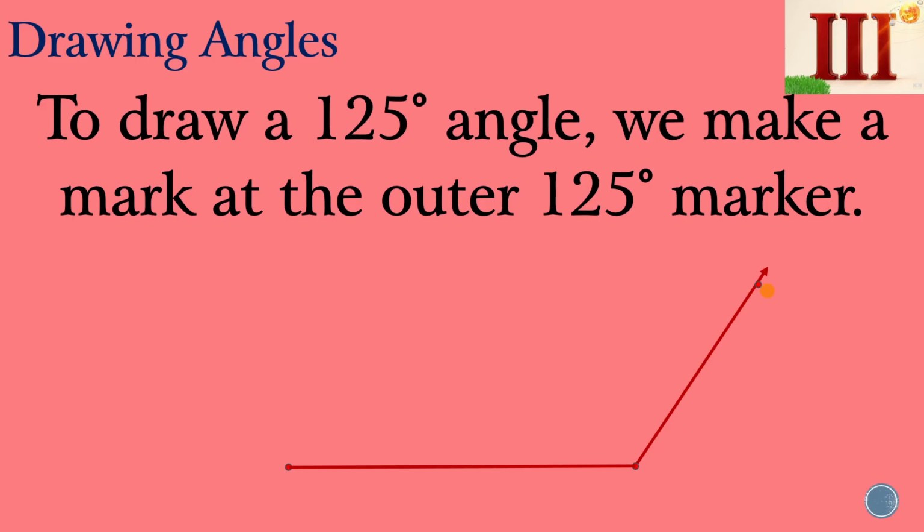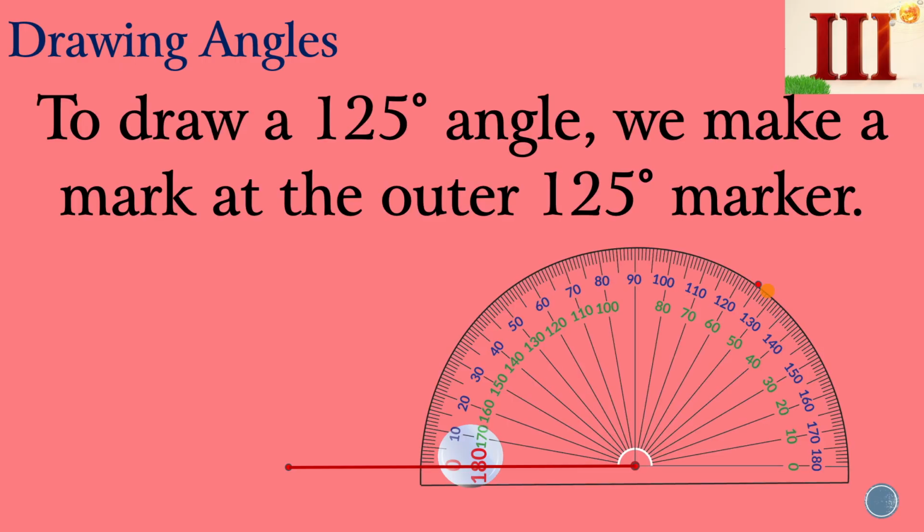Let's bring the protractor back in. So if you were using the green number, say, by accident, you might think this is a 55-degree angle. Or if you were trying to do 125 and you made the mark here, and then you have the angle coming in.